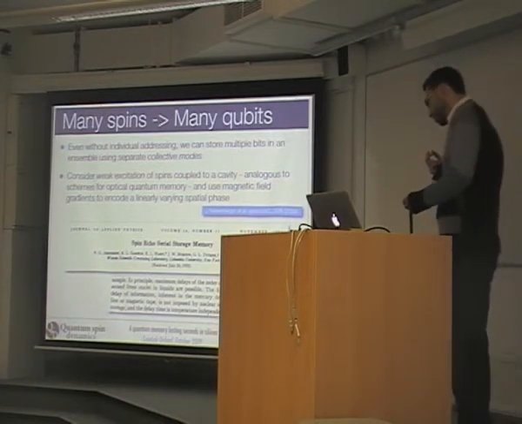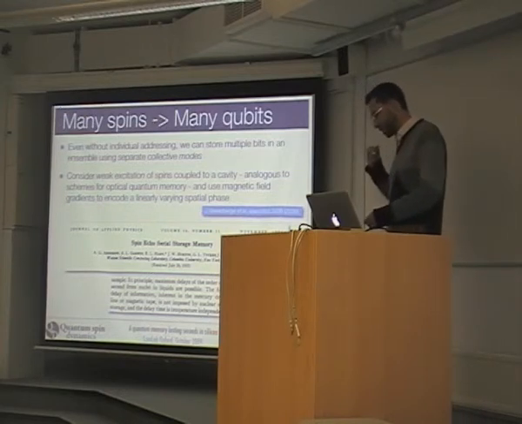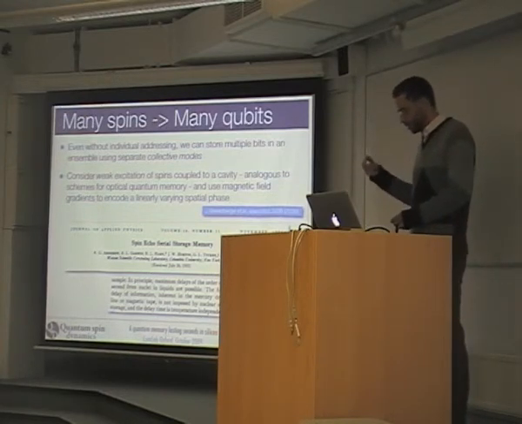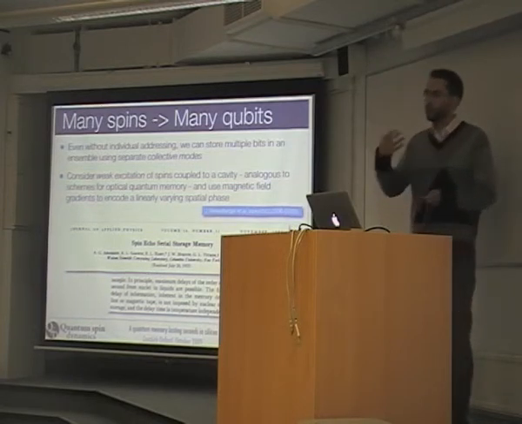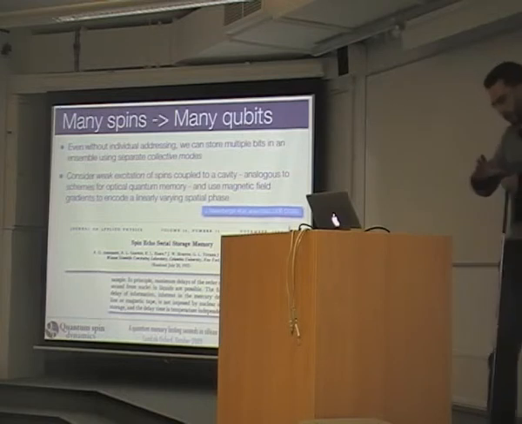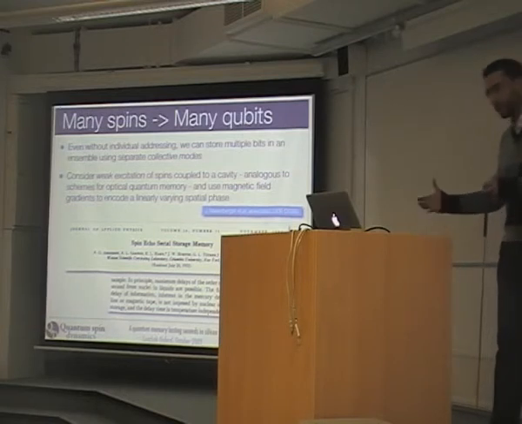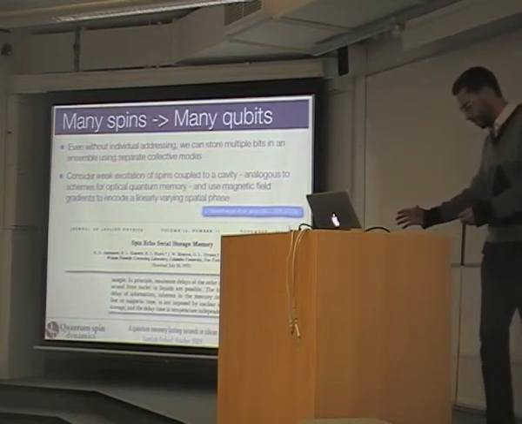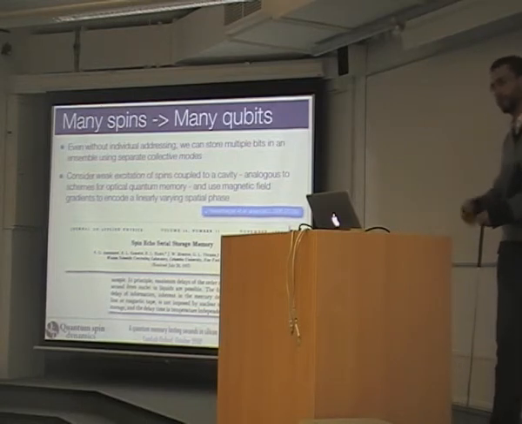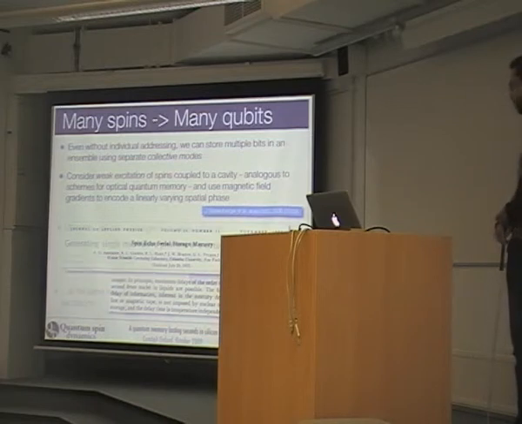And what we can do is consider how we can store the state of a single excitation, like a microwave excitation, in other words, a single microwave photon within the ensemble, and then apply a certain phase shift, a phase gradient to the ensemble to write that excitation, to label it in a particular way so that it can then be recorded separately.